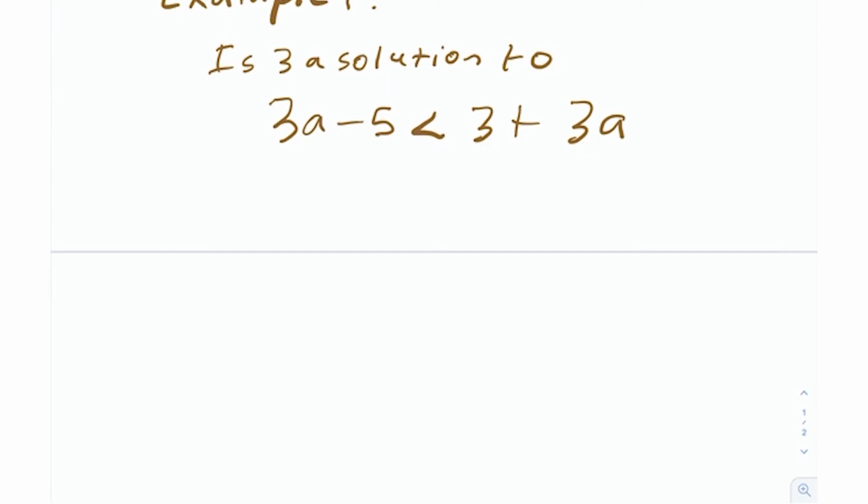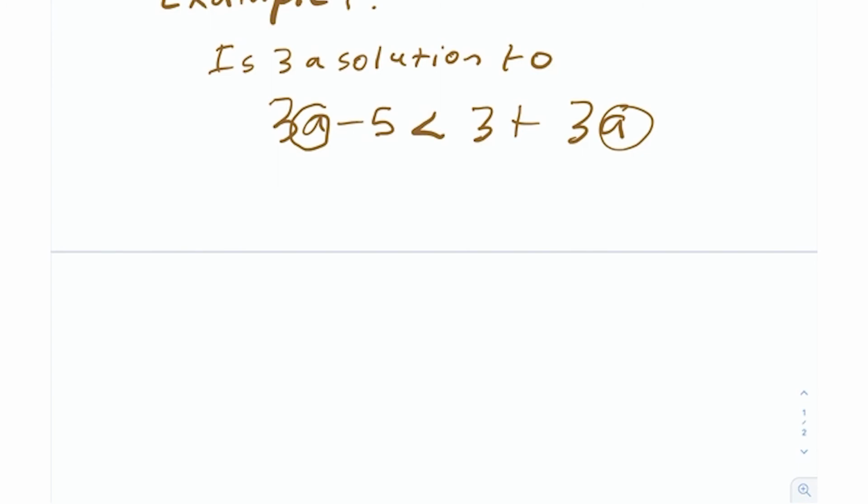Okay, so as you can see here, a is the variable, right? And because this inequality only has one variable, we covered the requirement for an open sentence. That is, since there is only one variable, we can use the approach of an open sentence.